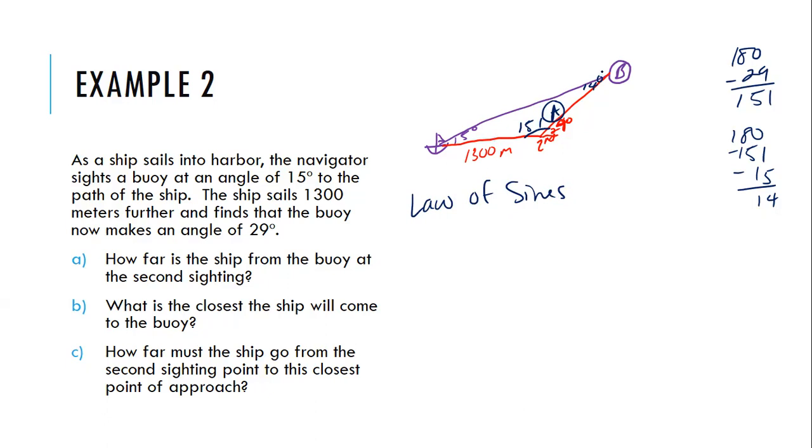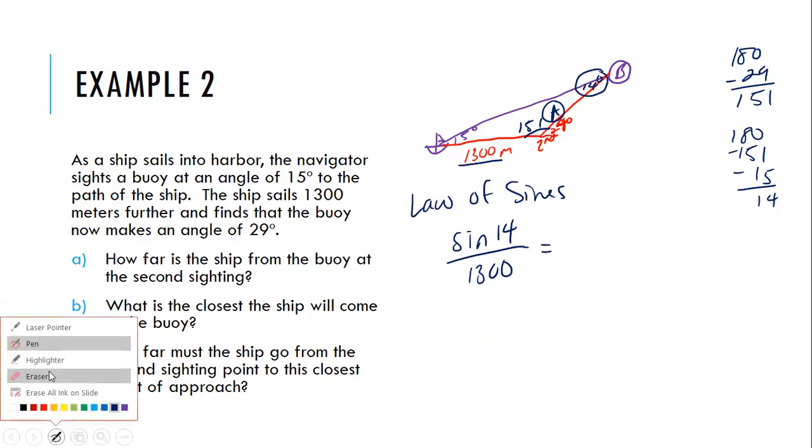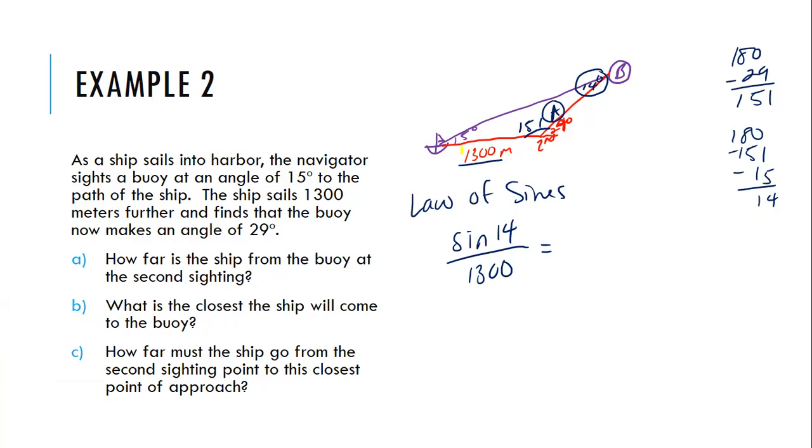So we have angle 14 and its opposite side is 1,300. That gives us sine of 14 over 1,300 equals, and now we're trying to find this missing piece. So if I want to find that, I have to use angle 15. Agreed?